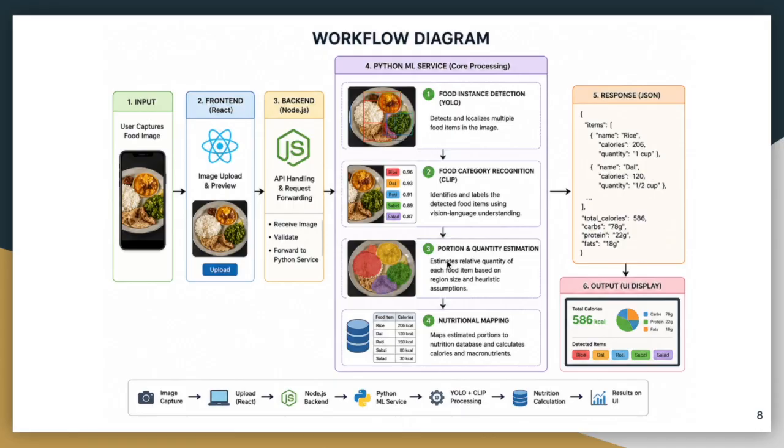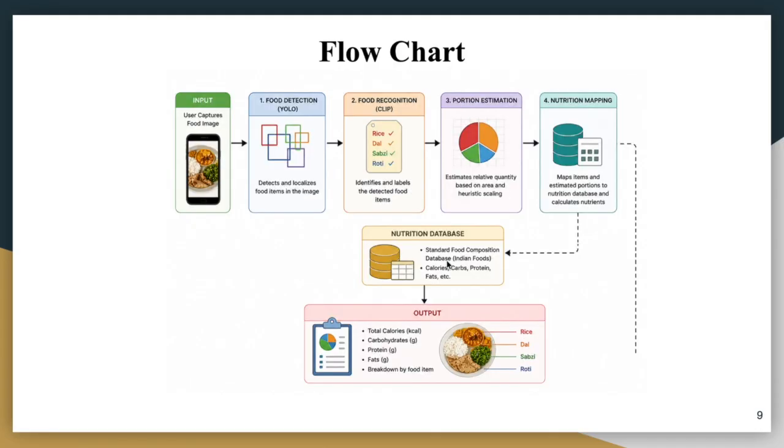That is the third step. After that we calculate the nutritional mapping, and the JSON response of all these computed layers is sent to our backend, and through the backend to our front end, and we show that in our UI.